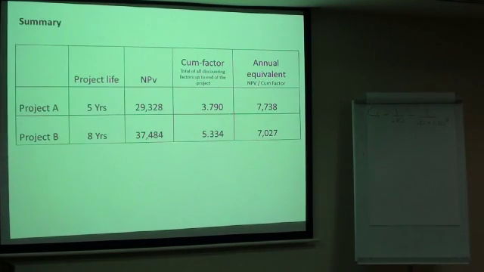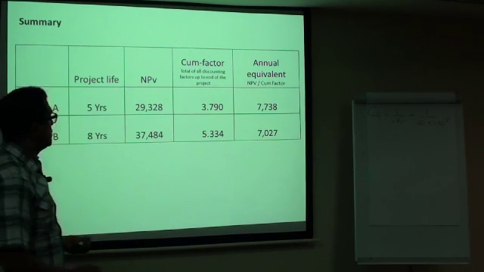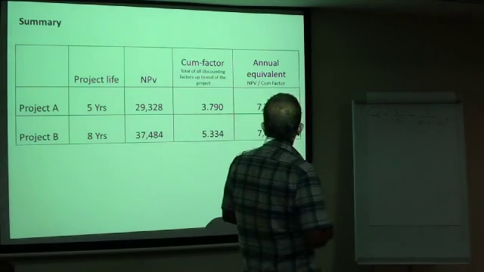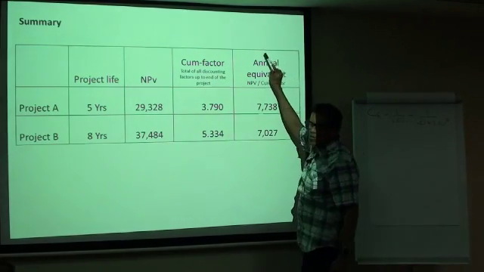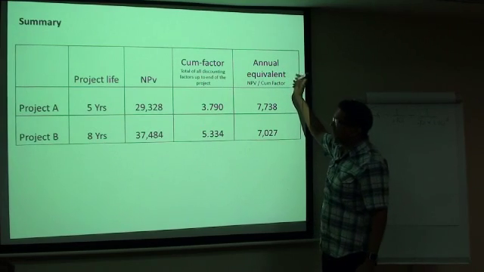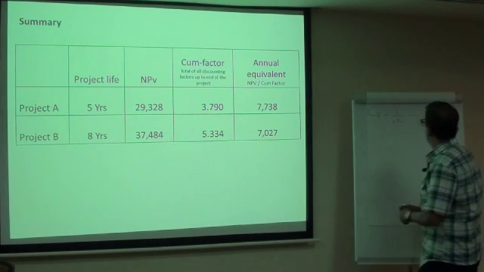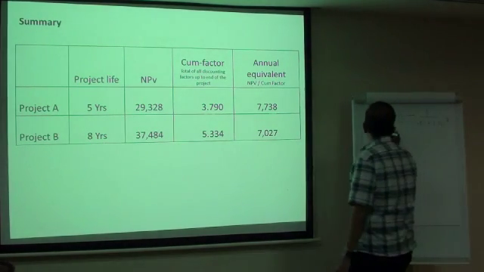When you calculate this cumulative factor, isn't it the cash flow should be seen? Yes. Good point. But here we are trying to calculate what is the annual equal value. That's a very good point. I'll come to that. Let's first of all prove this.